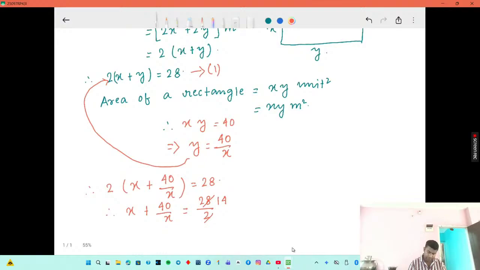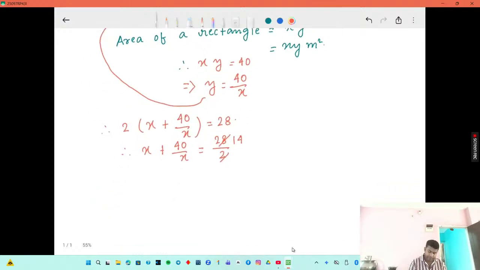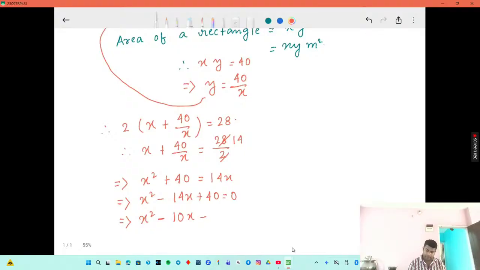So now here we will write x square plus 40 is equal to 14x. So x squared minus 14x plus 40 is equal to 0. So x squared minus 10x minus 4x plus 40 is equal to 0.